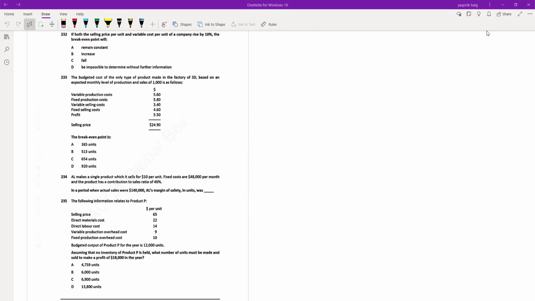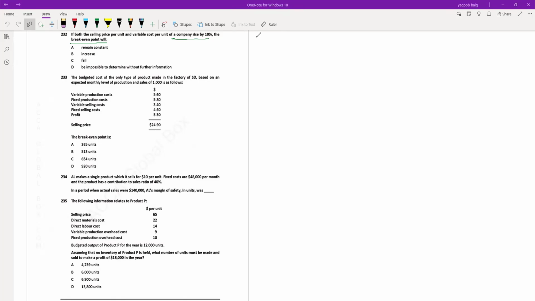Next one is, if both the selling price per unit and variable cost per unit of a company rise by 10%, the break-even point will be. Rather than making any kind of assumption, we are going to assume some data. And it will be better to assume data in such types of questions.